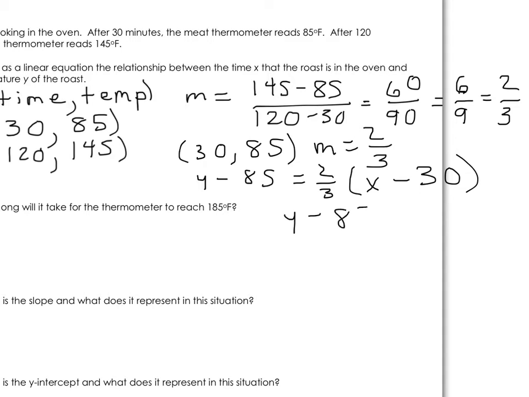Y minus 85 equals 2/3 x minus 20. Add 85 to both sides. Y equals 2/3 x plus 65 degrees. That's our equation.